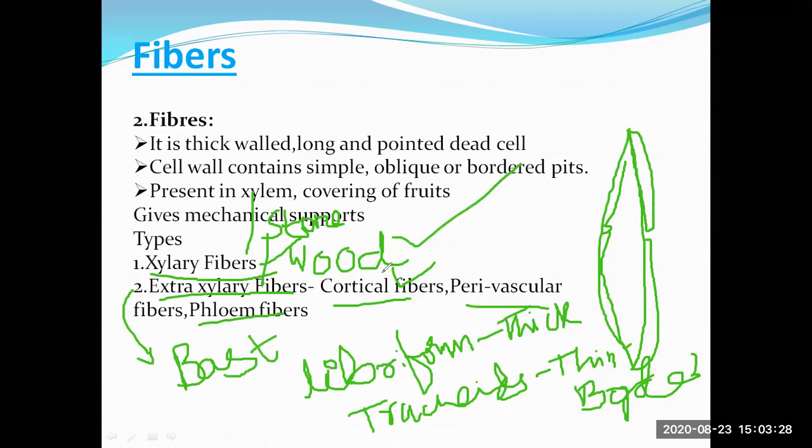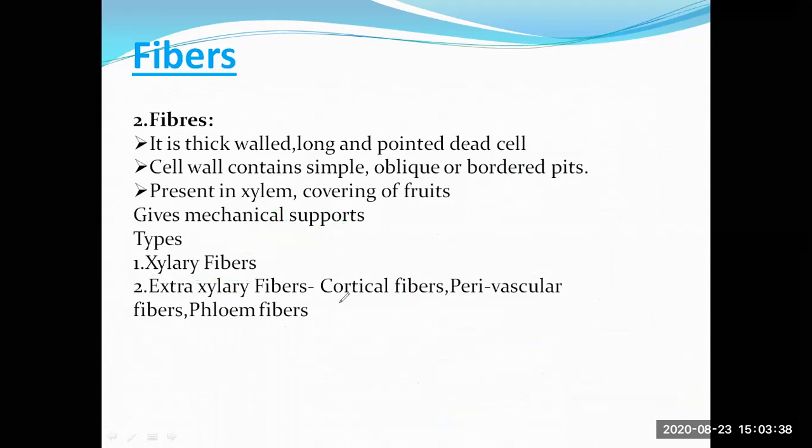Xylary fibers are wood fibers. Extraxylary or phloem fibers are called bast fibers. There are again three types. One is cortical fibers, found in the cortex; perivascular fibers, found on the periphery of the vascular cylinder; and the third one is phloem fibers, found in the phloem.